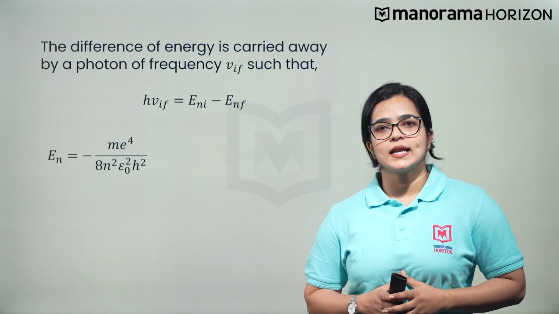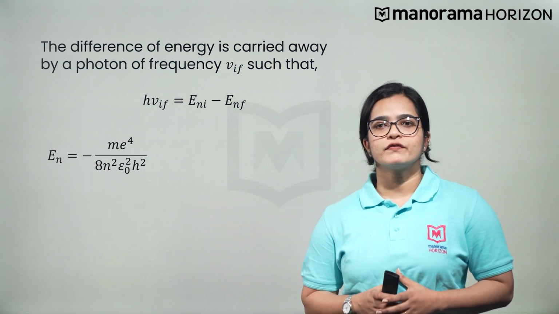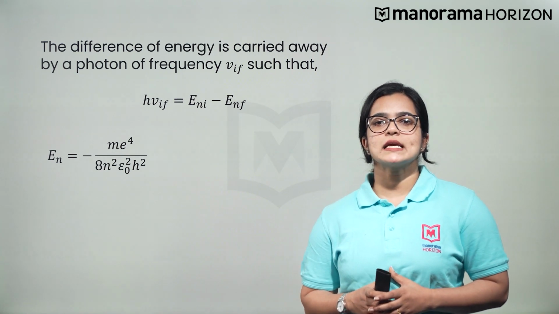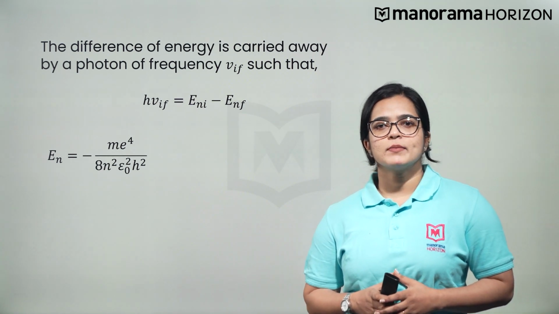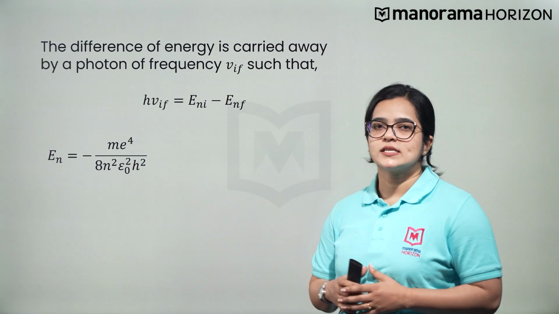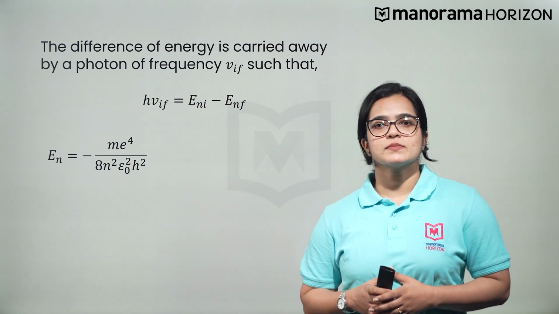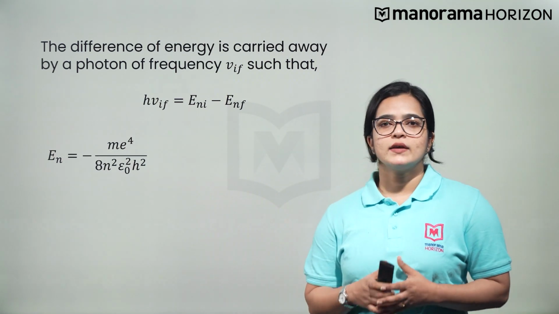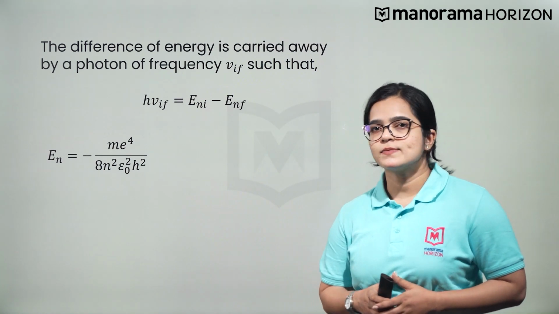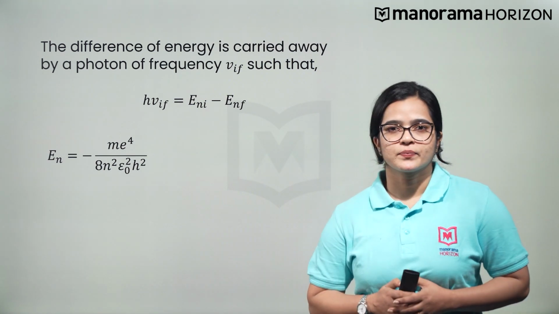We have also studied that the total energy of the electron in the stationary state of the hydrogen atom can be obtained by En is equal to minus m e to the power 4 divided by 8 n square epsilon 0 square h square.